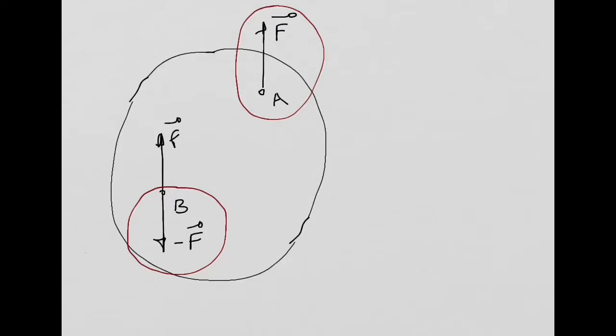A couple. Exactly. So we are going to focus on this couple now. What did I tell you about the couple? The summation of forces produced by a couple is equal to 0. So what I'm saying is that this force F at point A and this force minus F at point B will cancel each other, right?